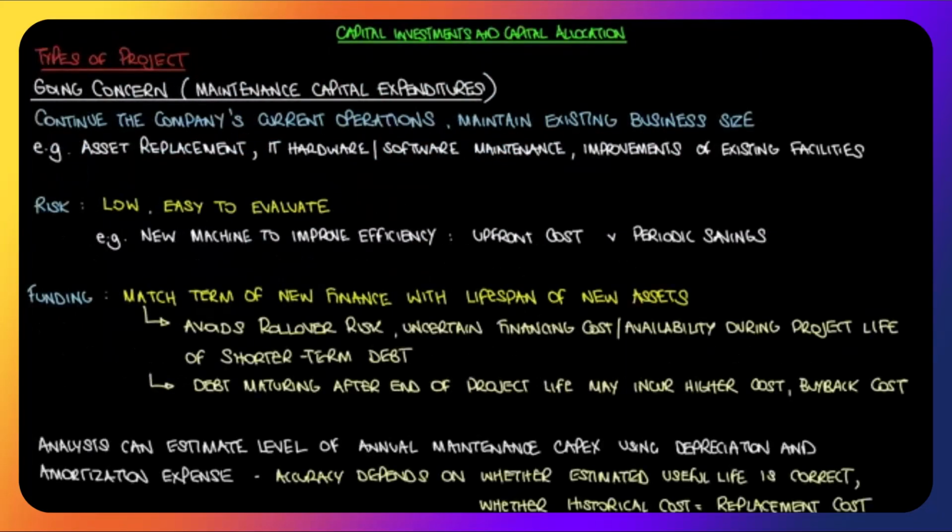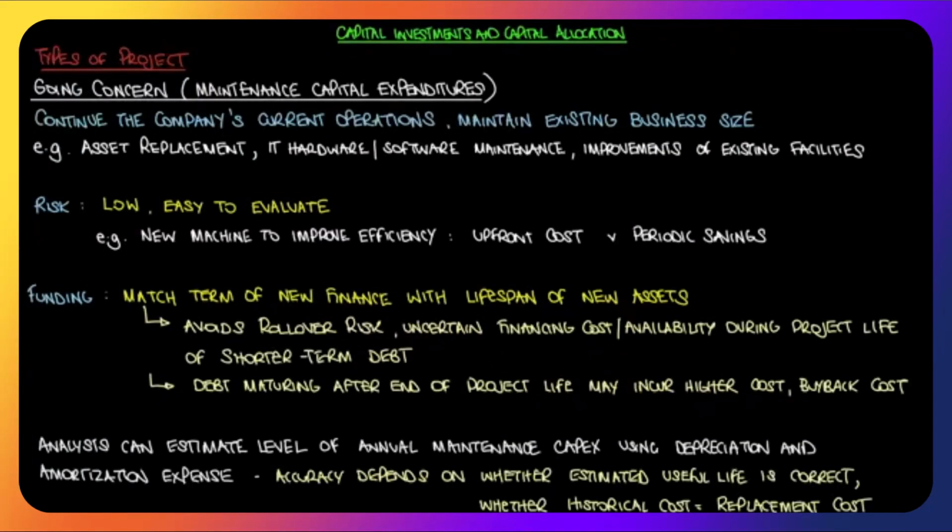Next up, going concern, which involves maintenance capital expenditures. Now, be a little bit careful around this term if you have already studied FSA or you are a financial statements veteran already. Maintenance capital expenditures might sound a little bit contradictory to you.